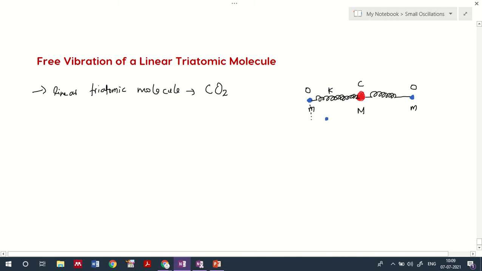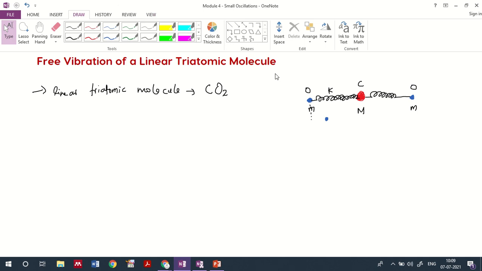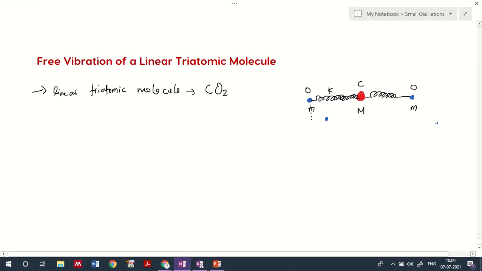So after displacing this oxygen atom by a small distance, there will be a corresponding change we could observe for the other two atoms as well. Now you can see that the corresponding change in position we can also accommodate like that.